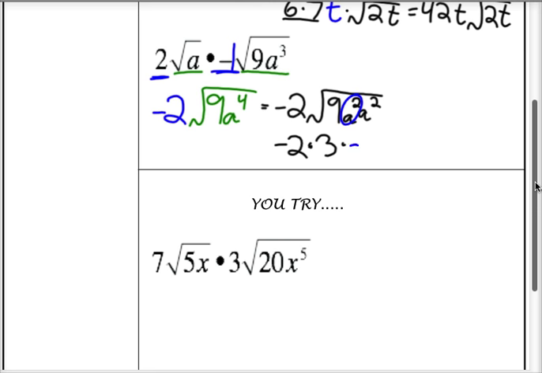Then this a squared comes out as an a. That a squared comes out as an a. And this time there's actually nothing left inside of the radical. Everything actually pulls out. So what are we left with? Well, -2 times 3 is -6. a times a is a squared.